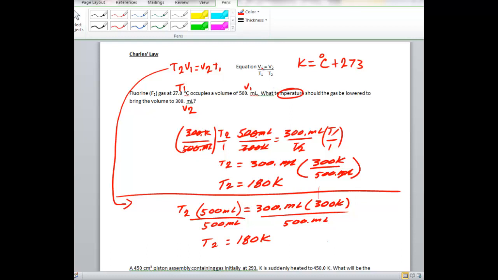So if you understand a little bit of that cross multiplication presented in math classes, you can apply that concept to your Charles' law equation. Write it like this, and then I think it just looks a little bit easier or simpler to solve.